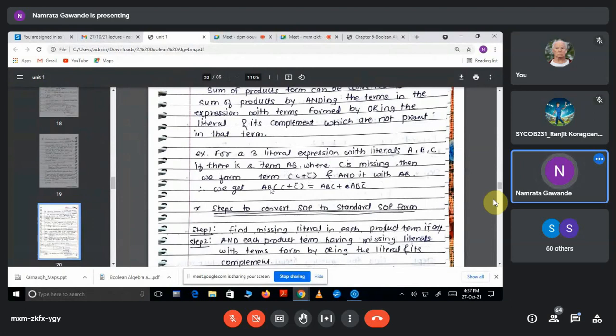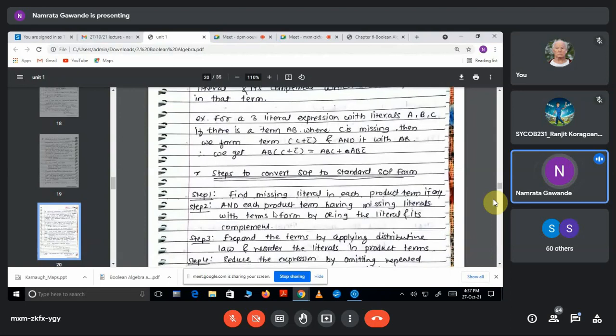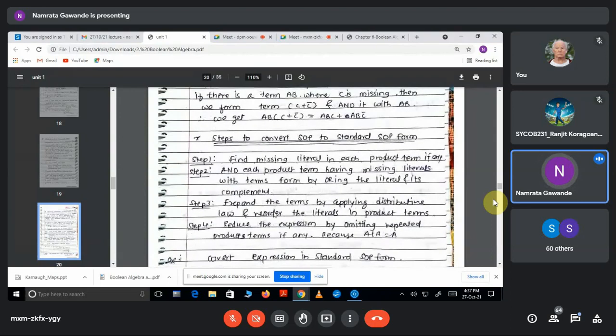So we get AB dot C plus C bar, and now you have to multiply this bracket with this particular term. So you can expand it: ABC plus ABC bar. So this is the standard form of this. Okay. Now first go through some steps and then we'll see the examples.